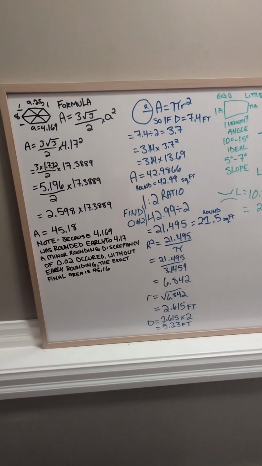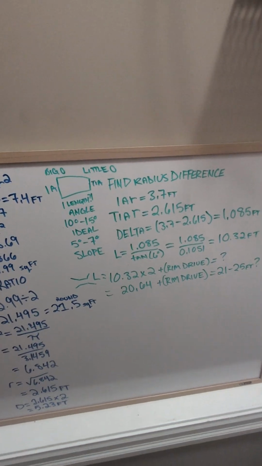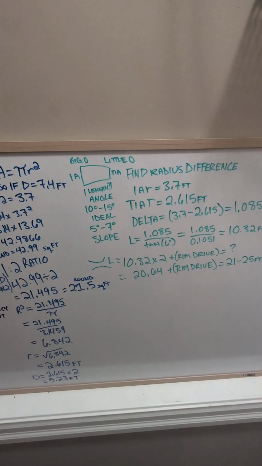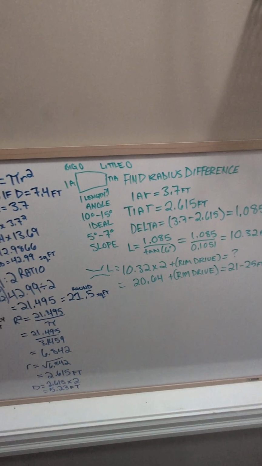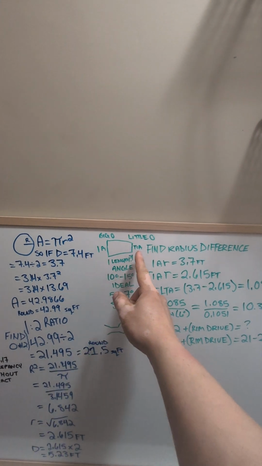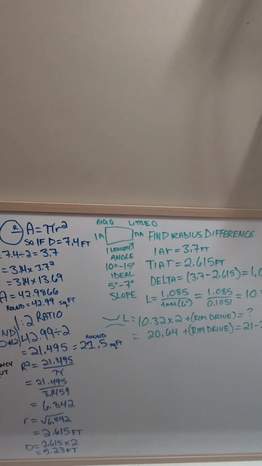So moving on, because we're working with 3D shapes, I got the big O, I got the little o. Yeah, I was being punny with that. We have off to the left, the intake area, off to the right, the throat area. And then we're like, what's the length?